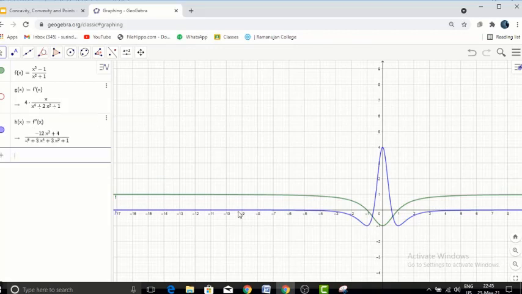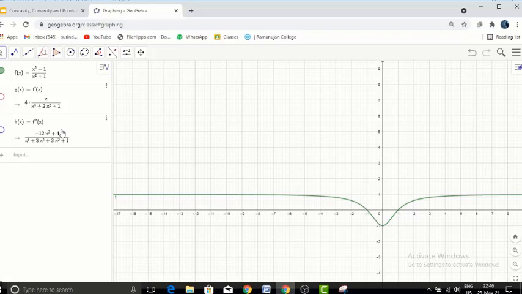Again, we need not the graph of this function. So look, f(x) is x square minus 1 over x square plus 1. This is the first derivative and this is the second derivative. After simplifying, it will be minus 4 into under root 3x minus 1 into under root 3x plus 1 divided by x square plus 1 whole raised to power 3.